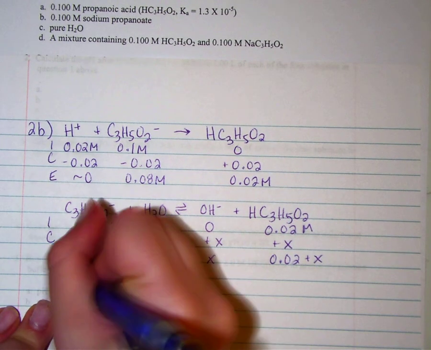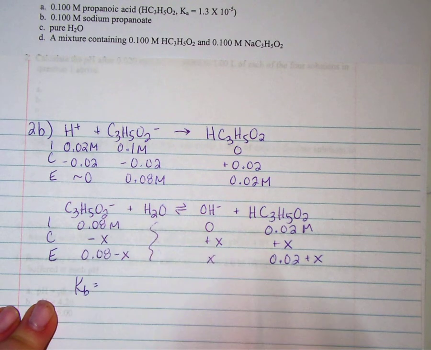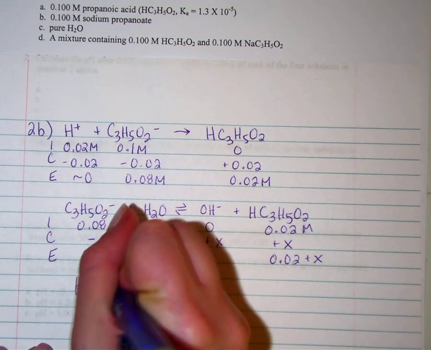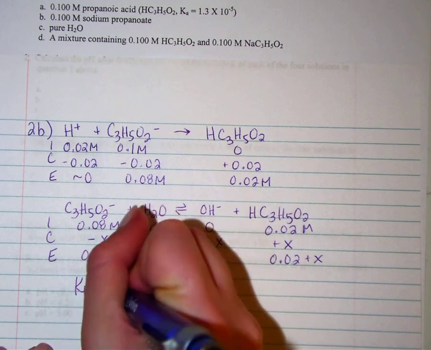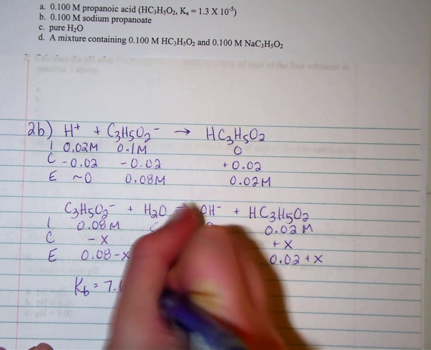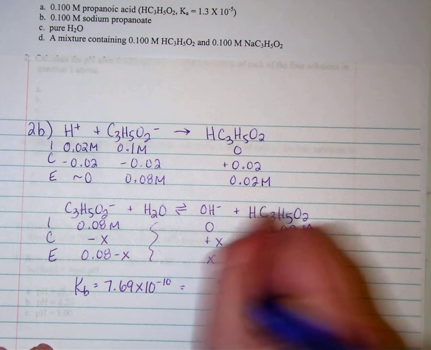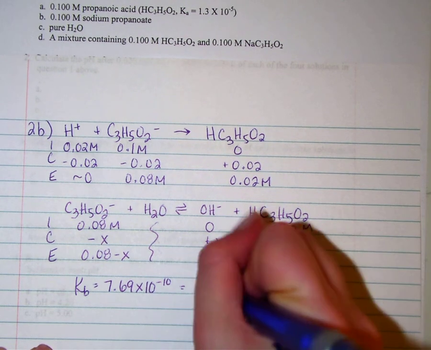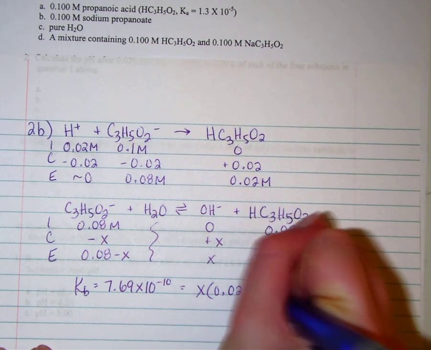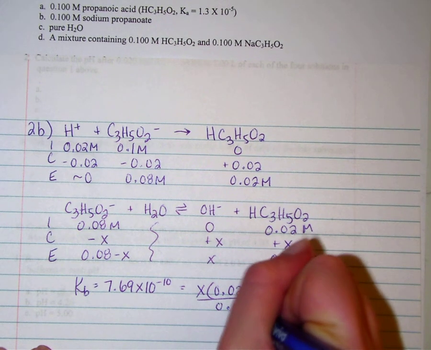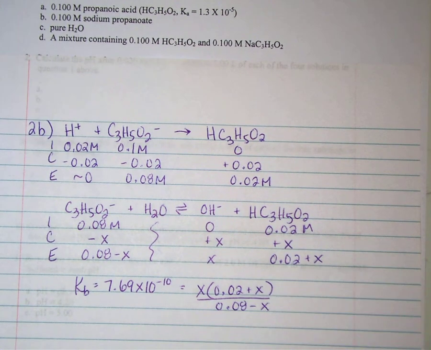So now I need my Kb, which if you go back to problem 1b, you will realize we calculated the Kb already to be 7.69 times 10 to the negative 10. And so I'm going to plug this in, these two things, x times 0.02 plus x, and then 0.08 minus x.